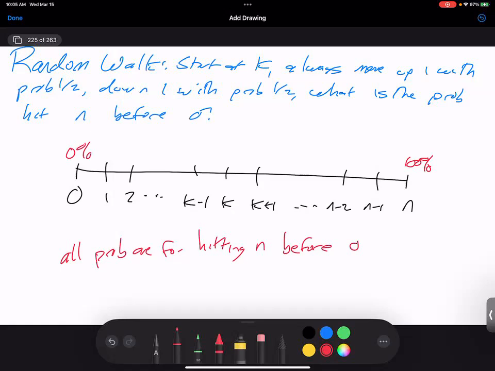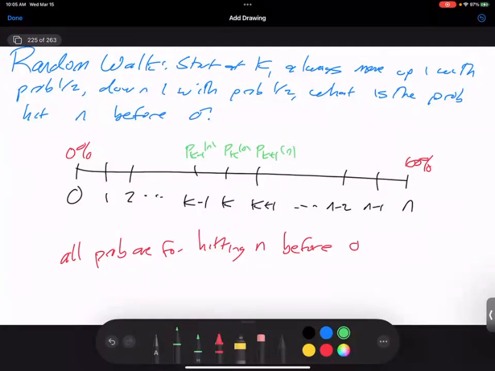Imagine we know this is P_{K-1}, P_K, P_{K+1}. Now, really, I should put another subscript because it depends on N, so we'll have this as a function of N. You give me an N and you tell me my location, there's going to be a probability.